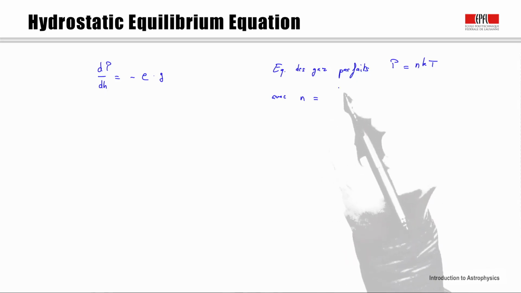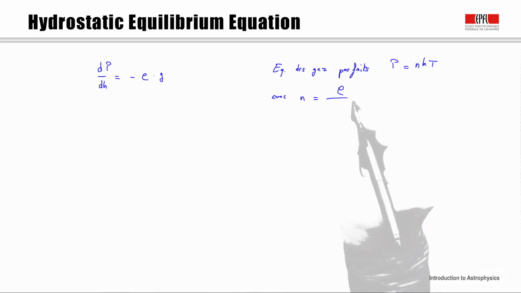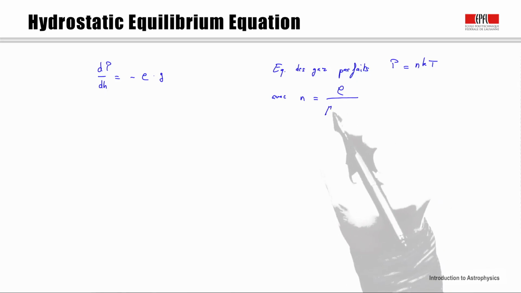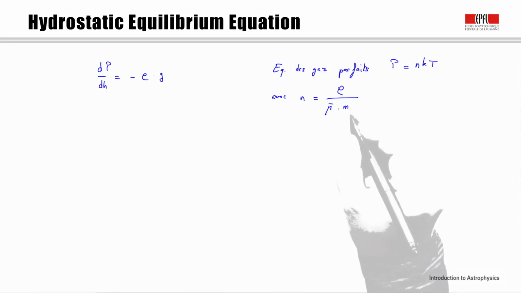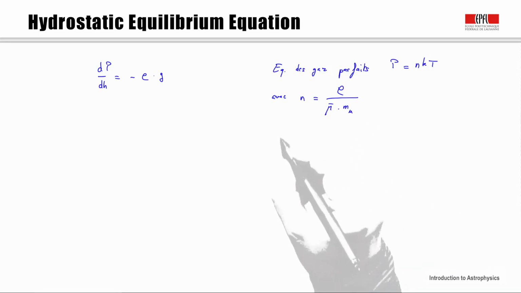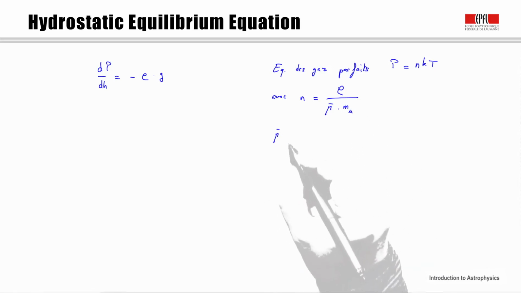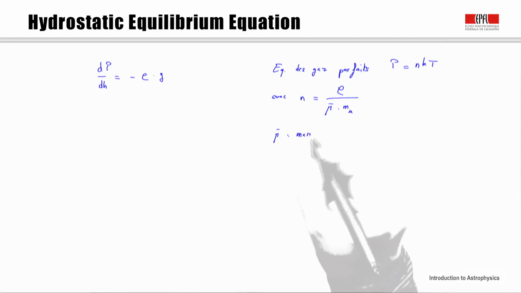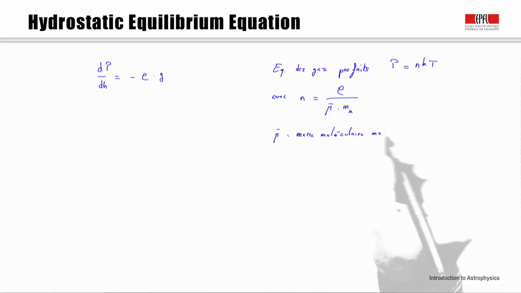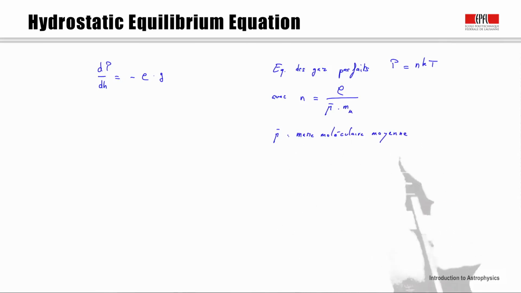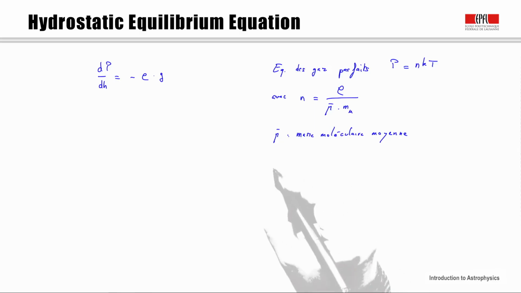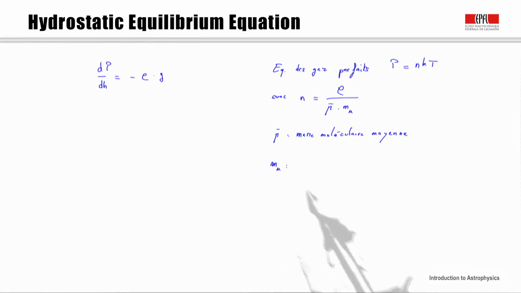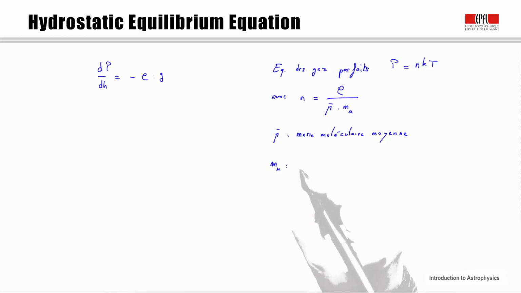This numerical density is the mass density over the mean mass of a particle. We have thus here the mean molecular mass, the computation of which we will show later, and mu is the atomic mass unit.